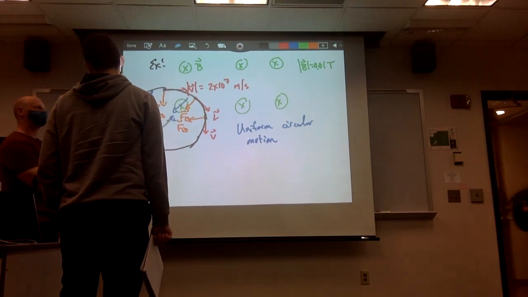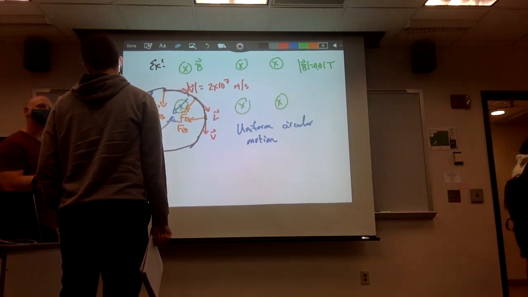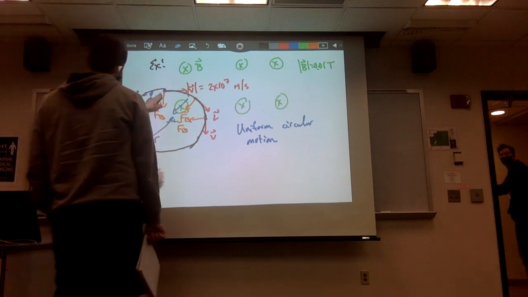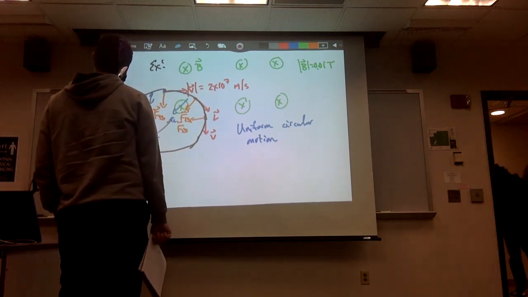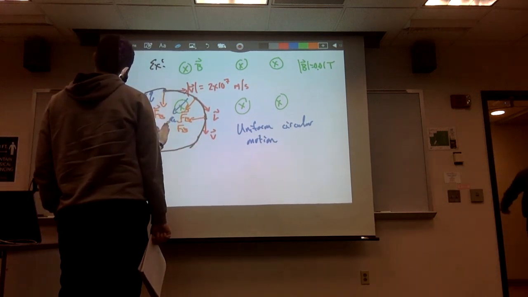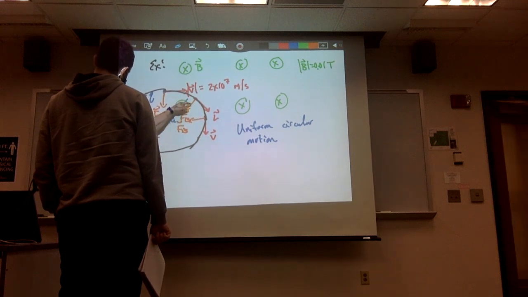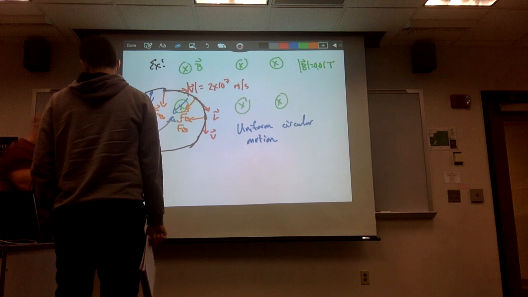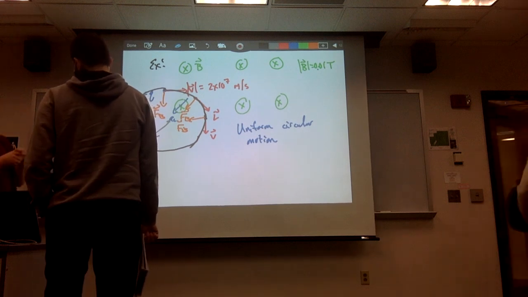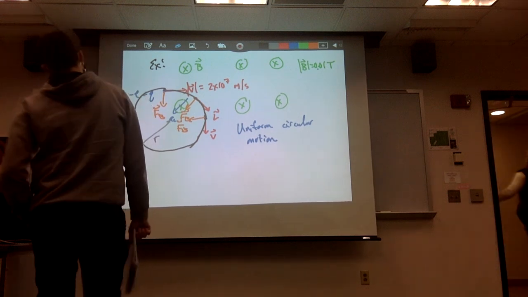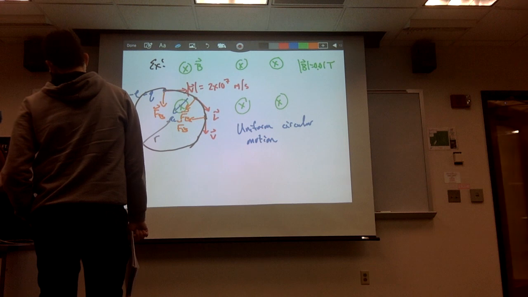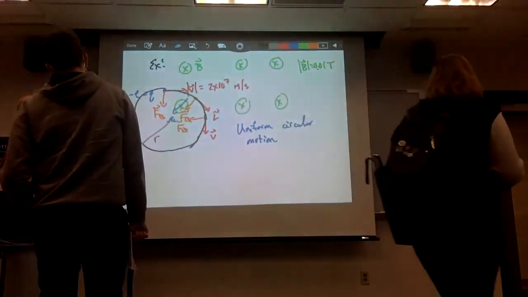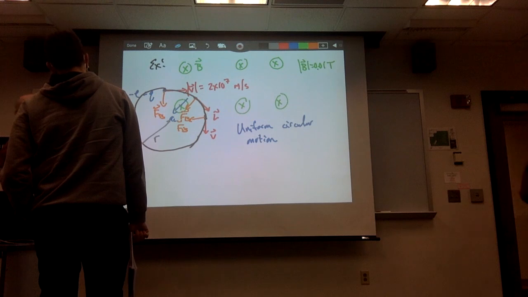Rowan asked, what is the path that the particle undergoes? It's a charged particle moving perpendicular to the magnetic field, so it has nothing to do with the water.